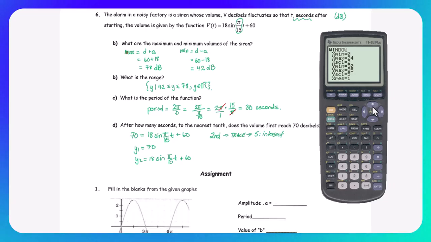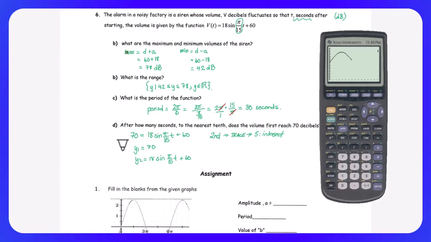And because the period is 30 seconds, our maximum here has to be at least 30 seconds. So if you want to go 30 or higher, that's okay. So let's hit graph. Okay, it goes up, comes down, goes back up. We got one full revolution, and then we have that intersecting line. So we need to do our second trace 5.